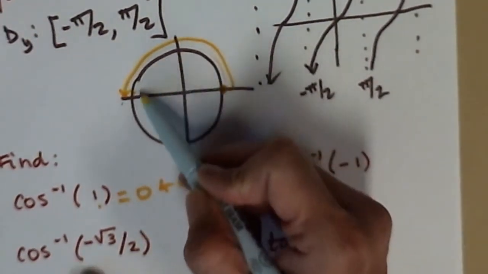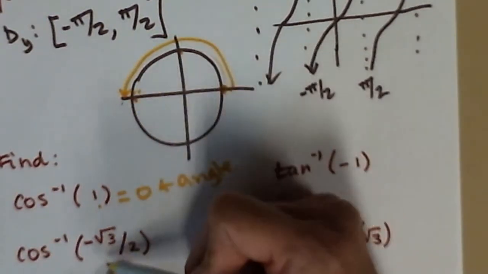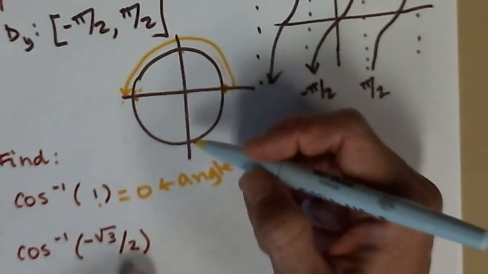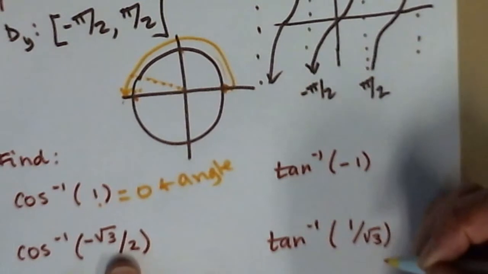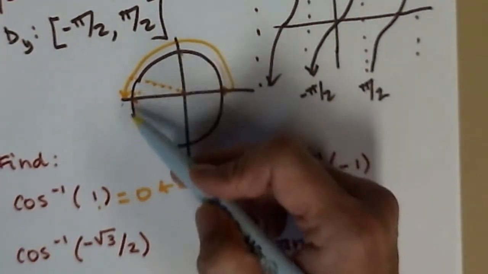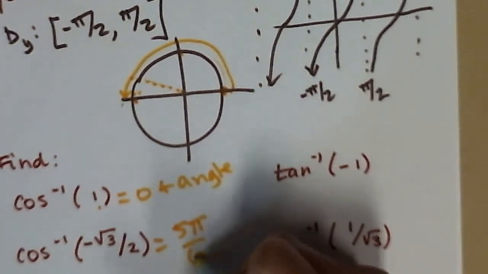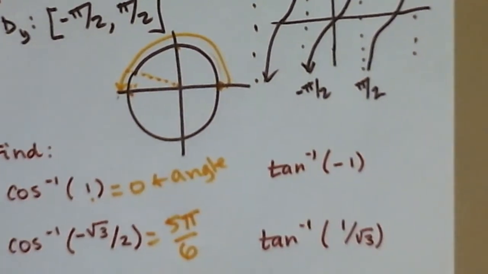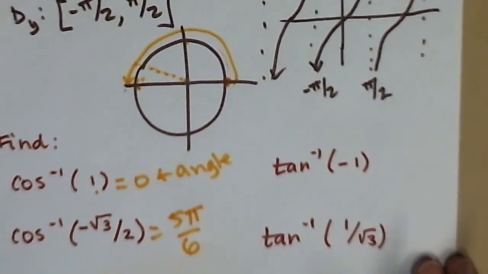So my x values are negative over on this chunk here between pi halves and pi. And which one leads to that negative root 3 over 2 for an x? So that's my big X. That's the pi sixths one, 5 pi sixths. Okay. That's the one x value between 0 and pi that has the cosine equal to negative root 3 over 2.